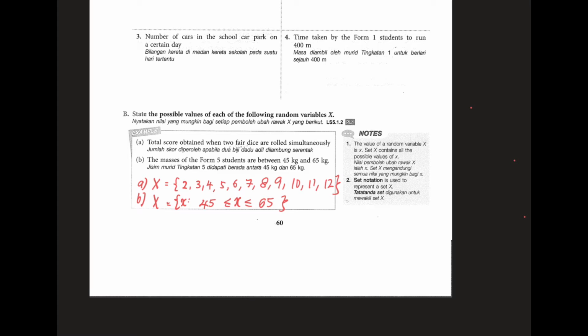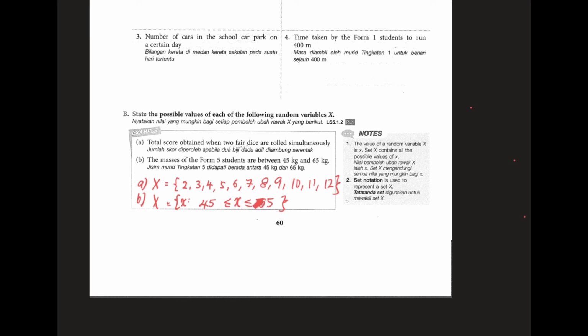Okay, now for B, I write it this way. From here you can see something. What we can see is A is obviously a discrete random variable that takes whole number values. We just write down one by one. For B, you can see it is a continuous random variable. It takes decimals.